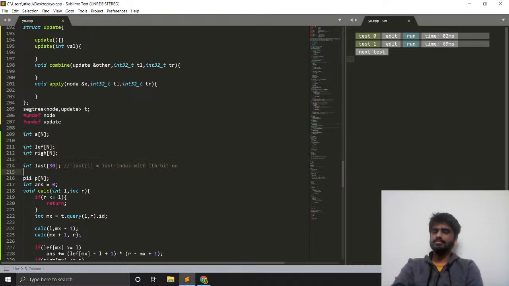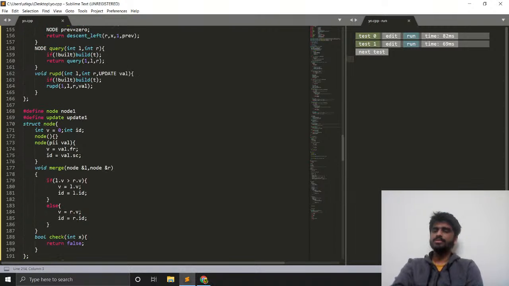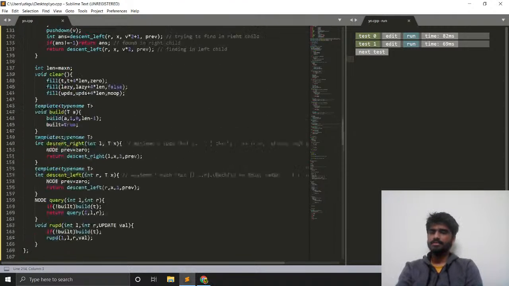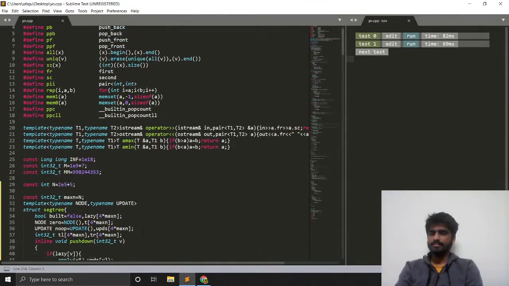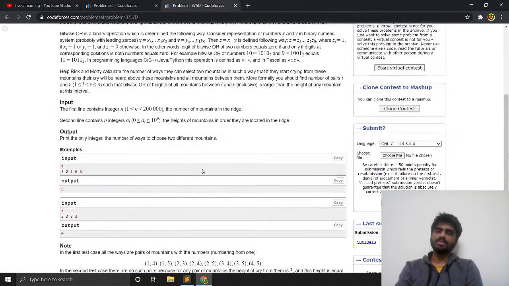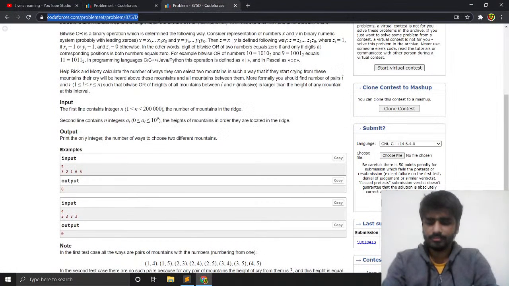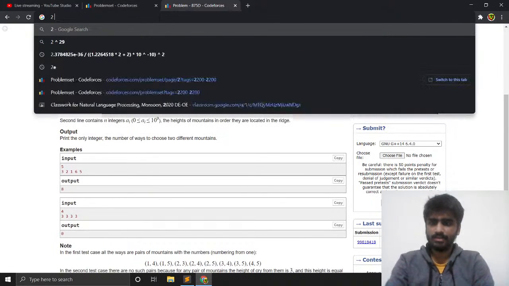Did I do something wrong with the segment tree? Actually, the segment tree I wrote so long ago, it's almost impossible for that to be wrong. 2 to power 29 is okay. 2 to power 29.